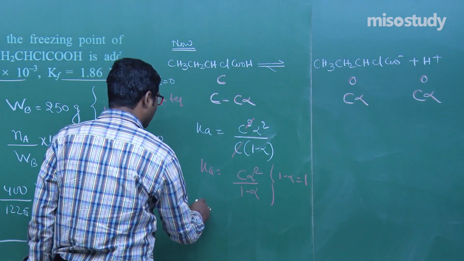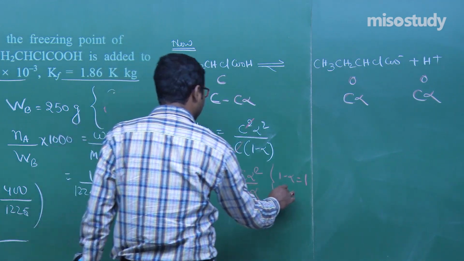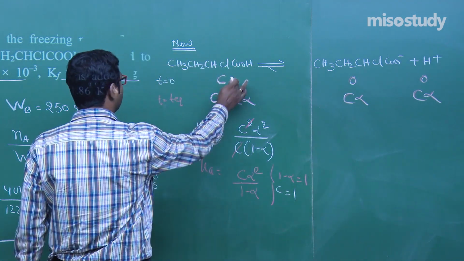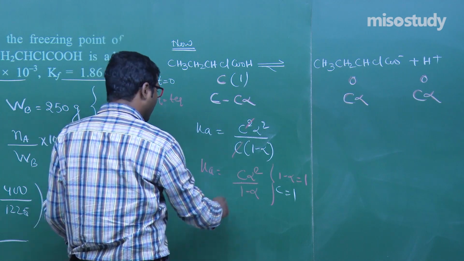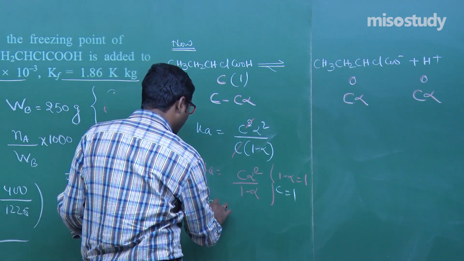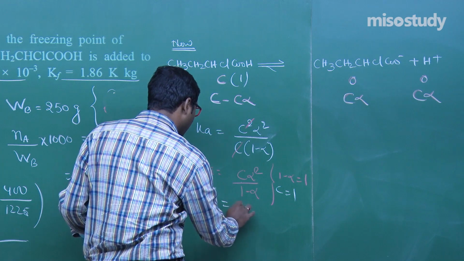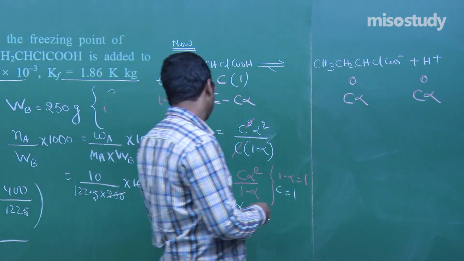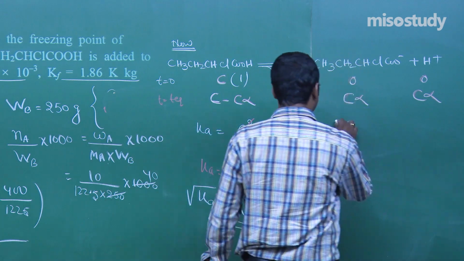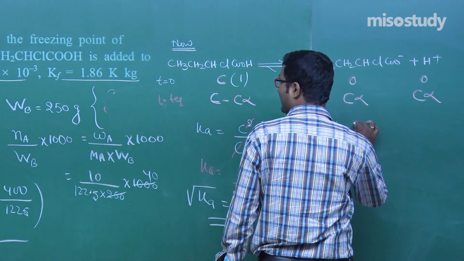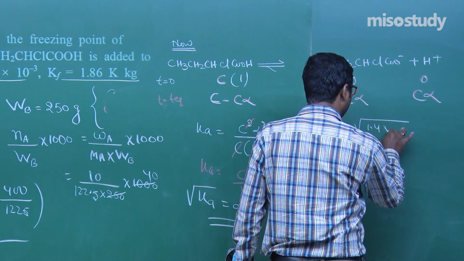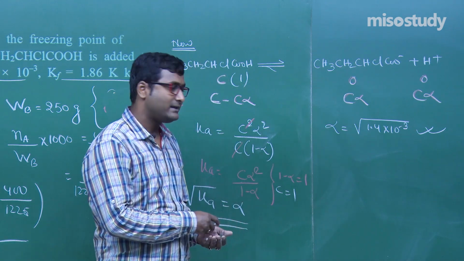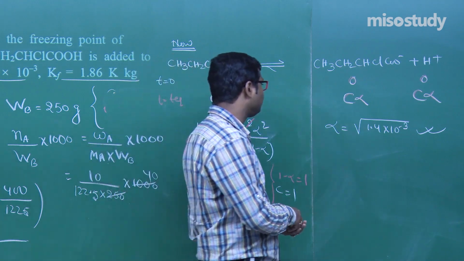The concentration we have taken here is 1, starting from 1 mole. So root under Ka is equal to alpha. So alpha is equal to root under 1.4 into 10 to the power minus 3. Am I right, my friend? Yes sir, you are absolutely right.